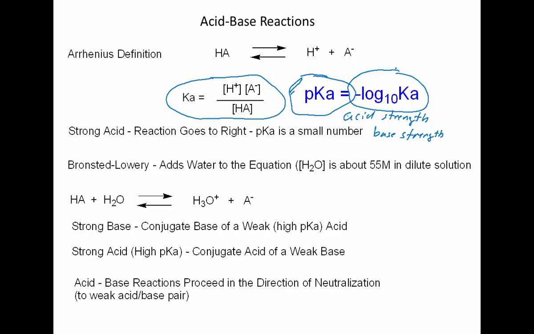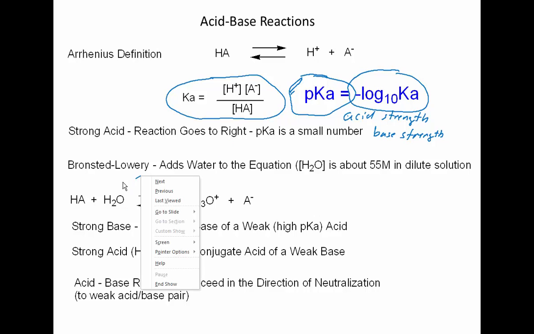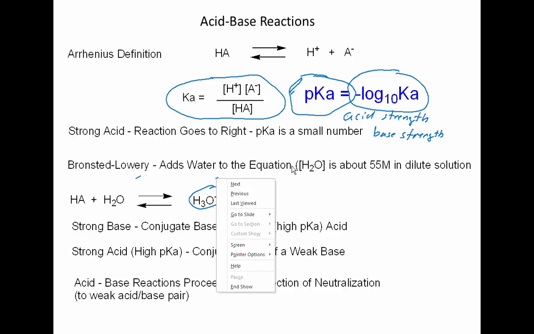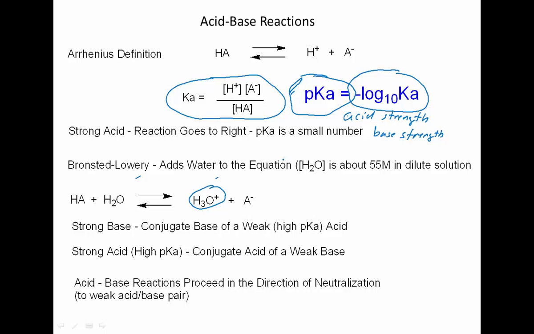In the Brønsted-Lowry definition, we're just going to add water to the equation, and we're going to look at the transfer of a proton from a carboxylic acid to water. Okay, and instead of having H+, we have H3O+. Some other important relationships here.